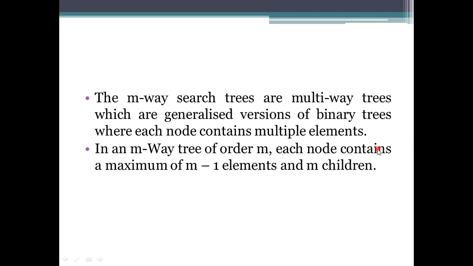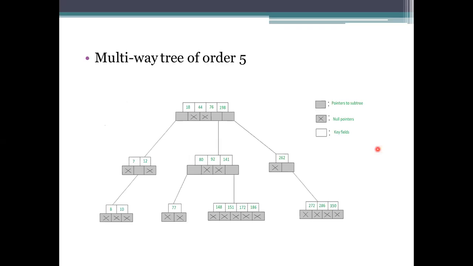We have pointers or references for representing these children. As I said, 5 is the order. The number of elements will be M-1, which means 4 elements will be inserted.